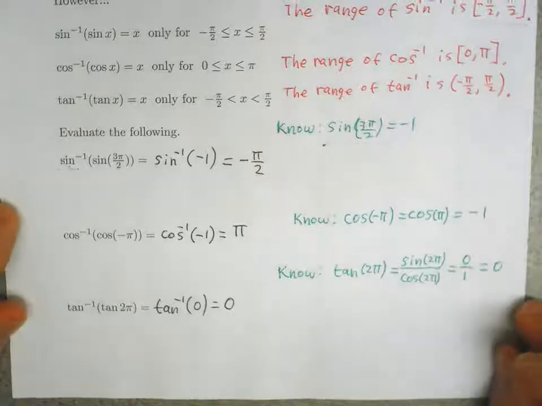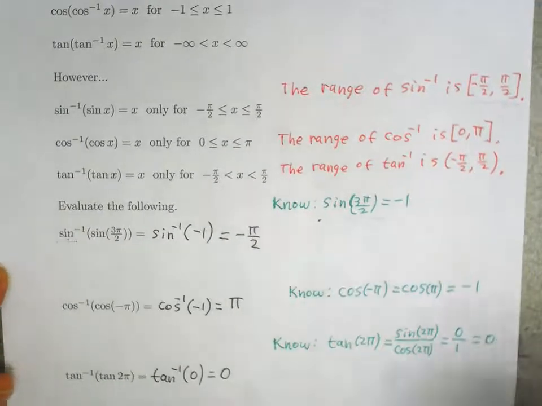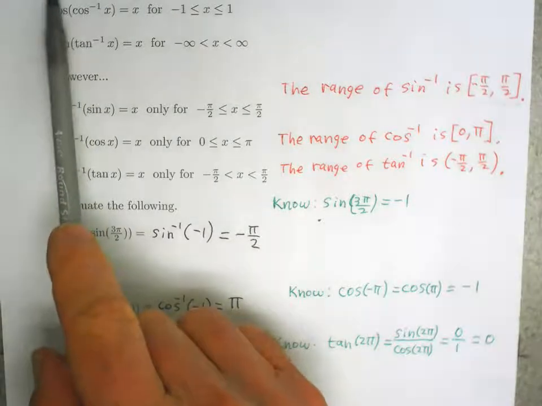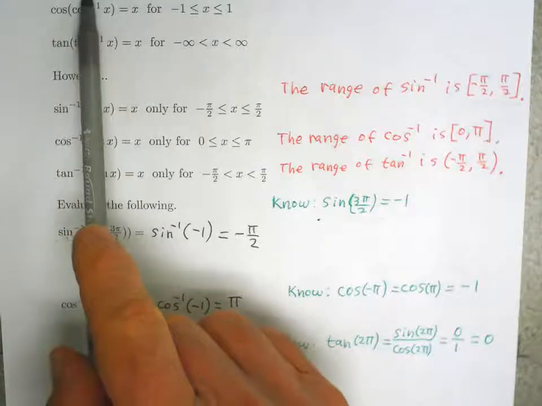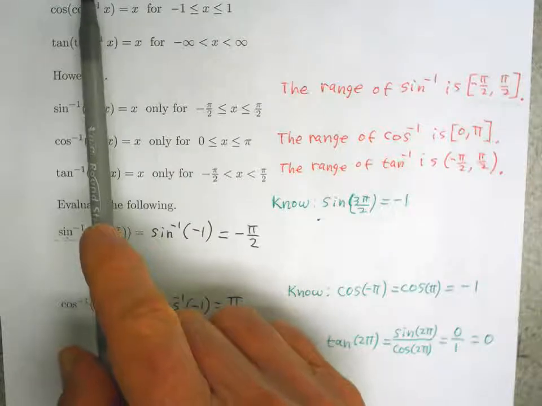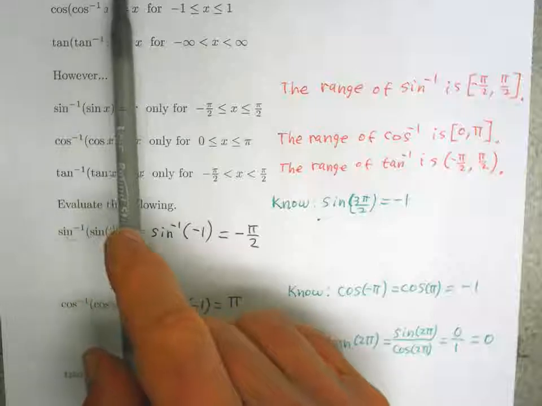Okay, so I'll reiterate something. If you're composing a trigonometric function with its inverse, and the trigonometric function, like sine, is the outside function and the inside function is inverse sine, then sine of inverse sine of x is x.